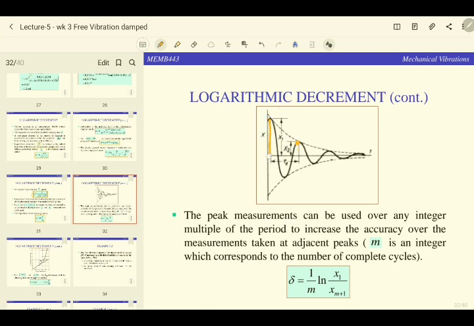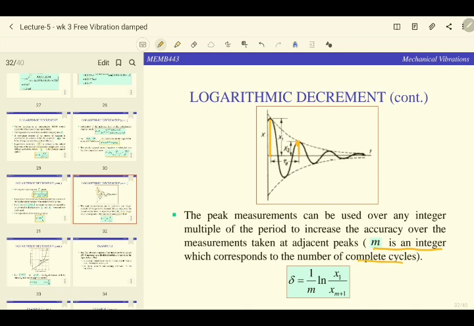So this is x1, this is x2. If you look at this height, you can calculate the logarithmic decrement delta, this small delta, by this equation, where m is an integer which corresponds to the number of complete cycles.